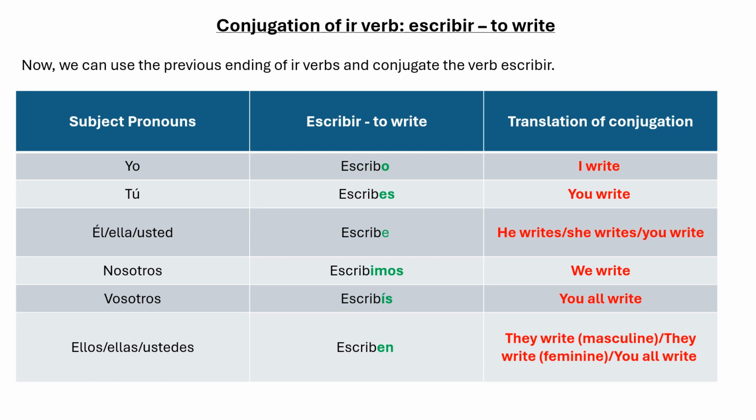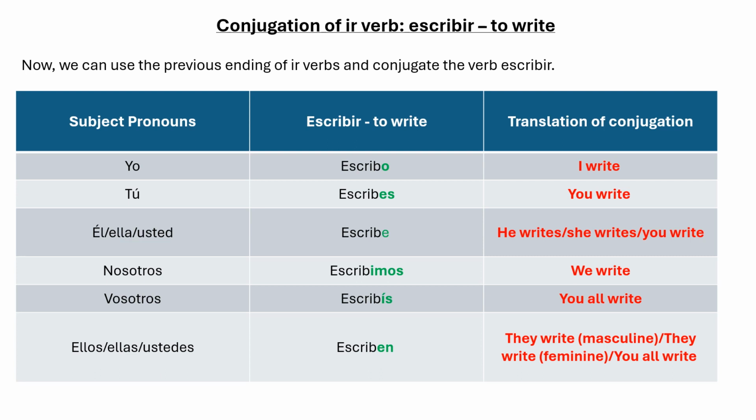As soon as I see the IR, I will omit the IR and I will write an O. So it becomes yo escribo, I write. Then for tú, the ending for IR verbs is ES. I will write escrib. I will omit the IR and I will write an ES. So it becomes escribes.